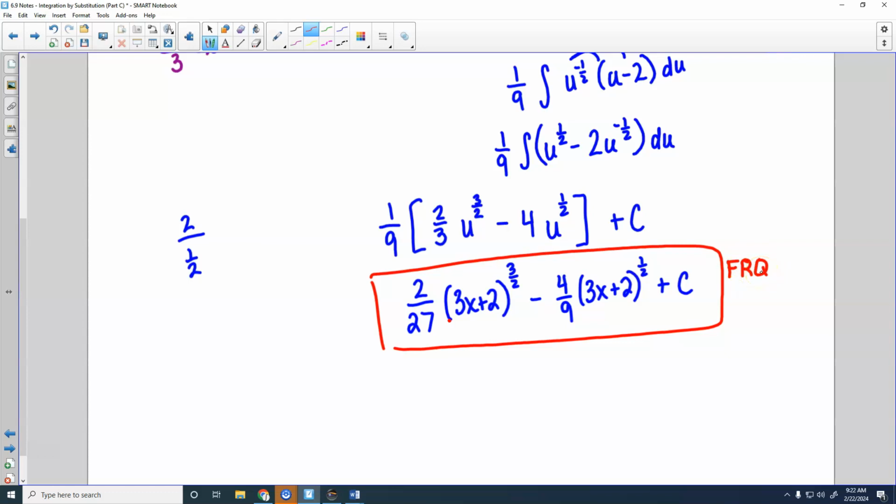Alright. They might, these two match right here. They might factor out the lowest exponent there. If they do that, they are taking 3x plus 2 to the 1/2 and they're factoring it out.